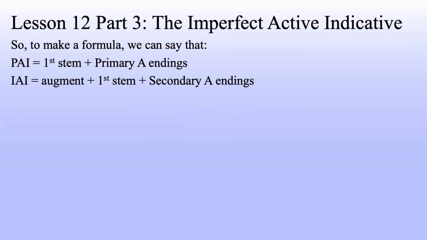We're going to finish learning some things first, and then we'll get a little bit more nitpicky. But for now, this can help us out. When we have a verb, we can break it down into its pieces and say, okay, which tense is it? Is it first stem and primary A, or is it augment, first stem, and secondary A? And that'll tell us what the tense is.